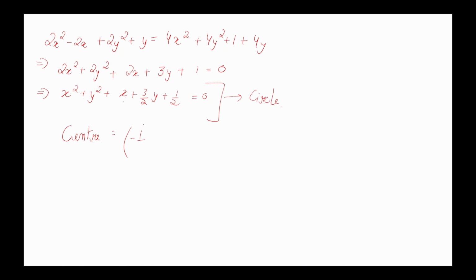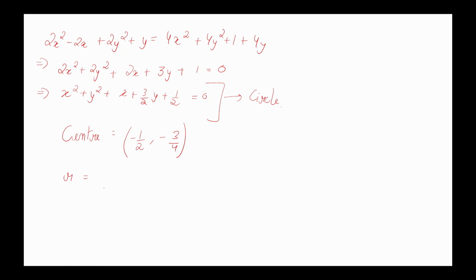My g is basically 1 by 2. So minus g would become minus 1 by 2, and my f is 3 by 4, so it would become minus 3 by 4. So this is the center of the circle.